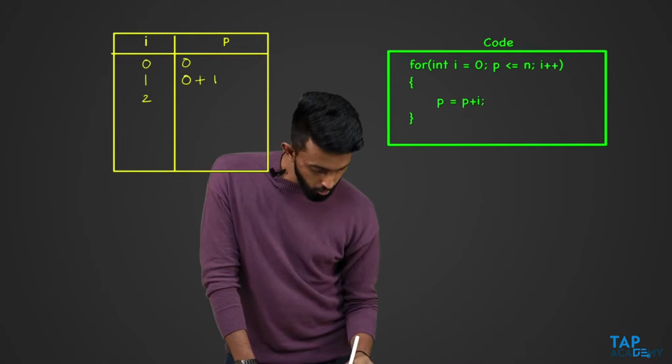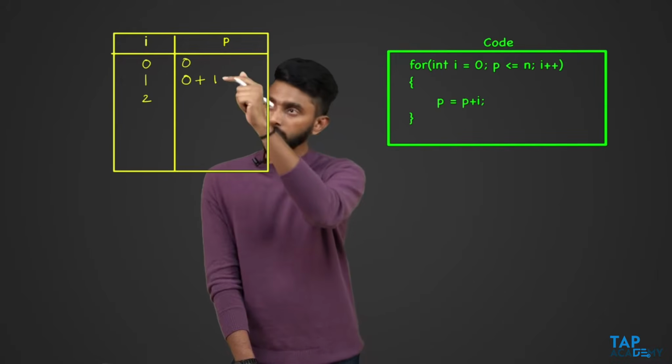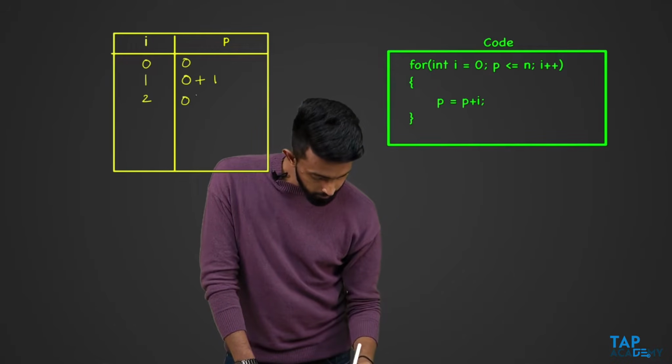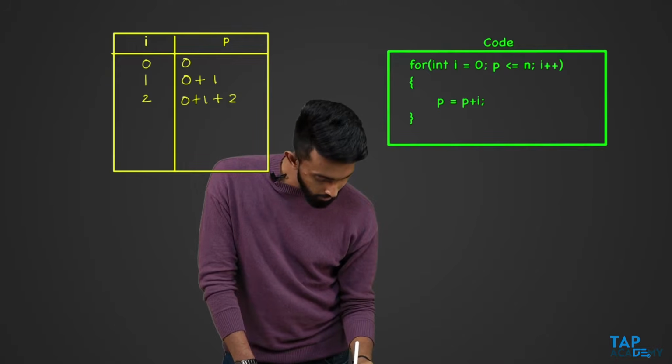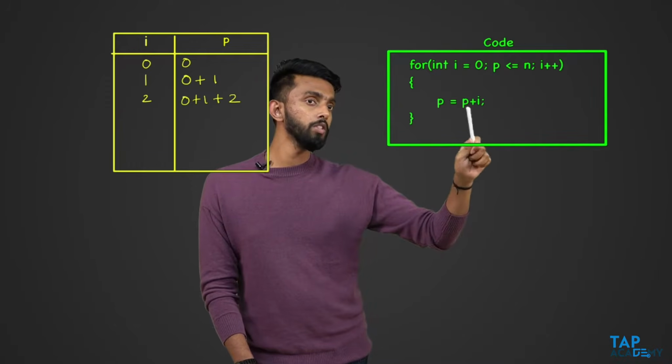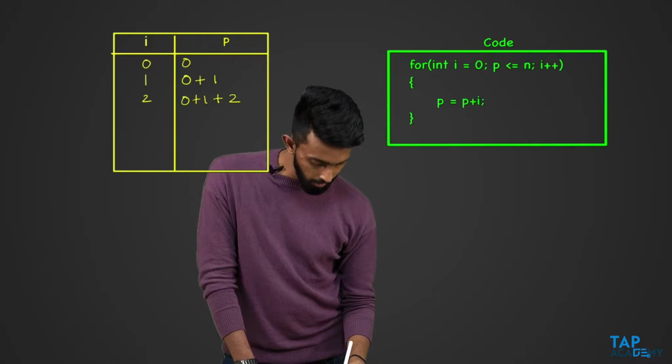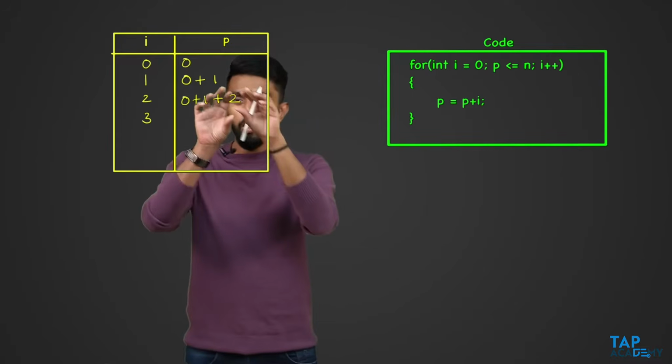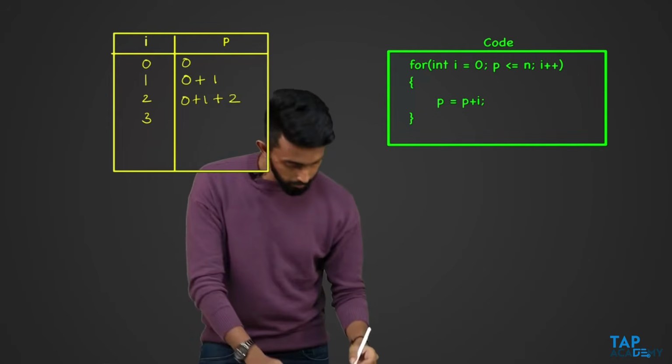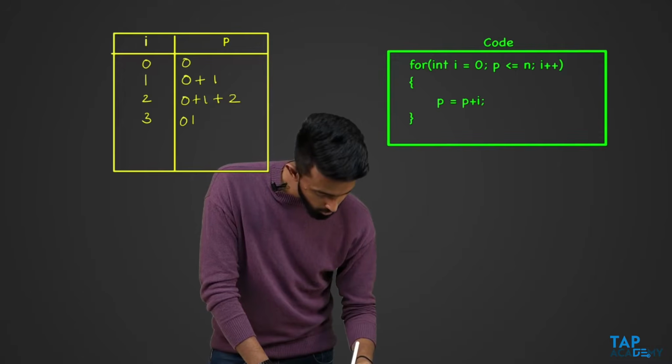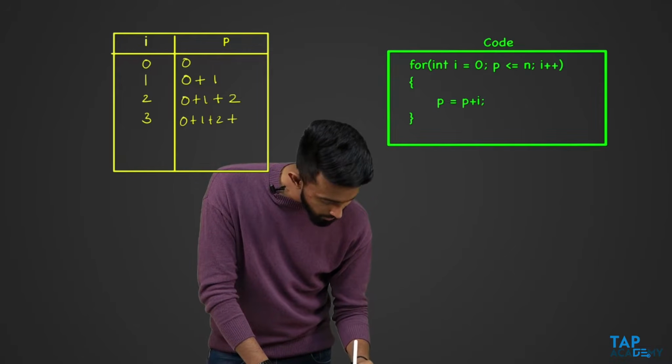If i is 2, it will be the old value, which is 0 plus 1, plus the i value, which is 2, because every time we are saying p equals p plus i. Similarly, if it is 3, it is the old value plus the new value, so 0 plus 1 plus 2 plus the i value.